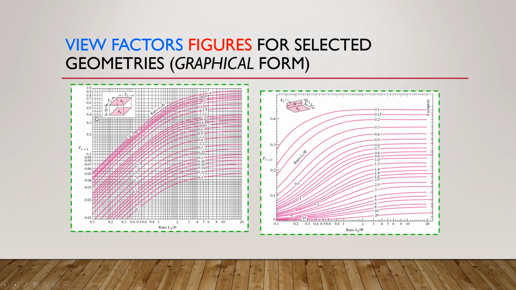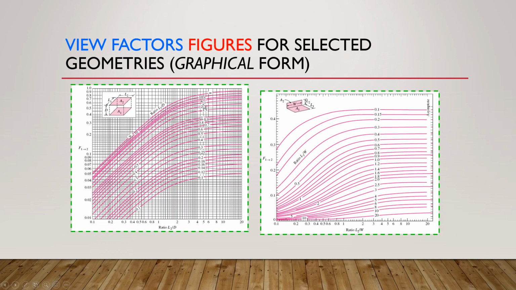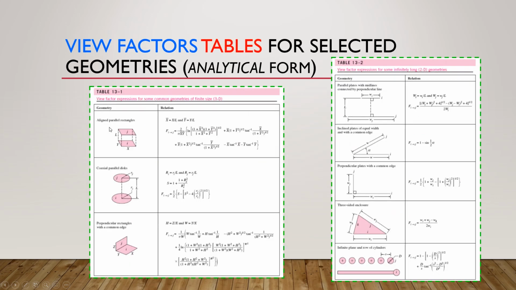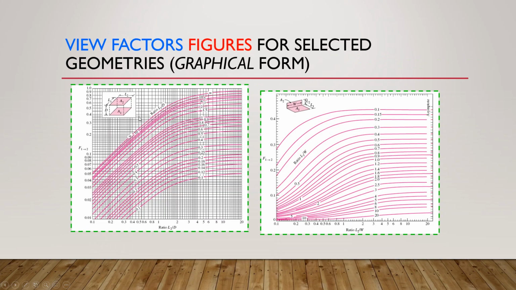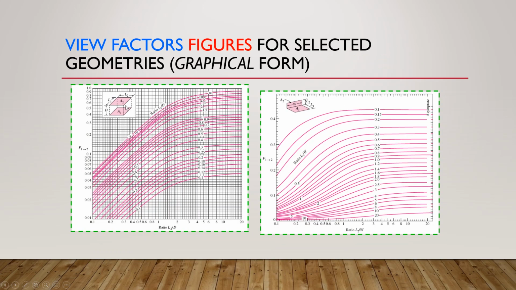And then this is the next graph. Sorry, I mentioned 4 tables, but it is 2 tables and then these 2 graphs that you will refer to. Let's take a look here. This geometry is actually the same as this geometry. So if you don't want to find your relation in the table, you may use this information.